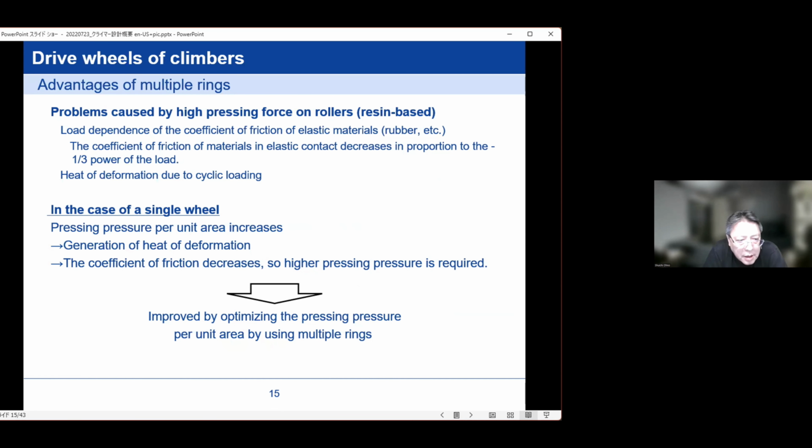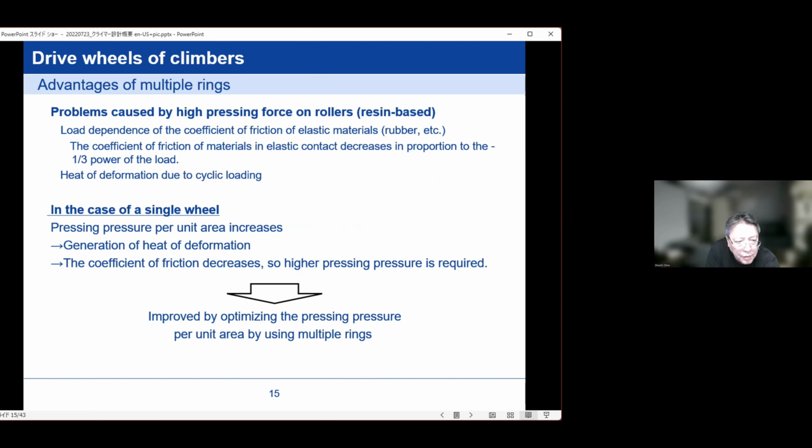Next, regarding the immobility of the climber: when the climber ascends, the driving force needs to be transmitted to the device so that the climber can ascend reliably. One item that needs to be taken into consideration is the coefficient of friction.